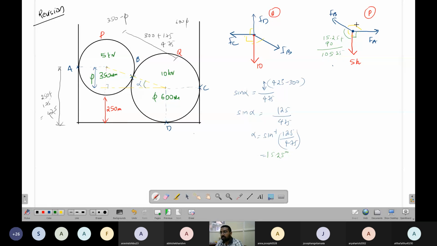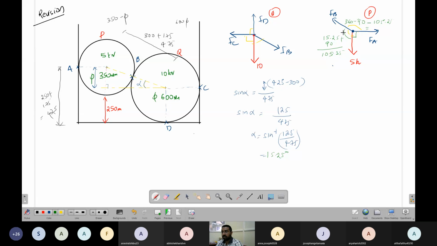What is this angle? This is 360. Total angle is 360. 360 minus 90 minus 105.25.